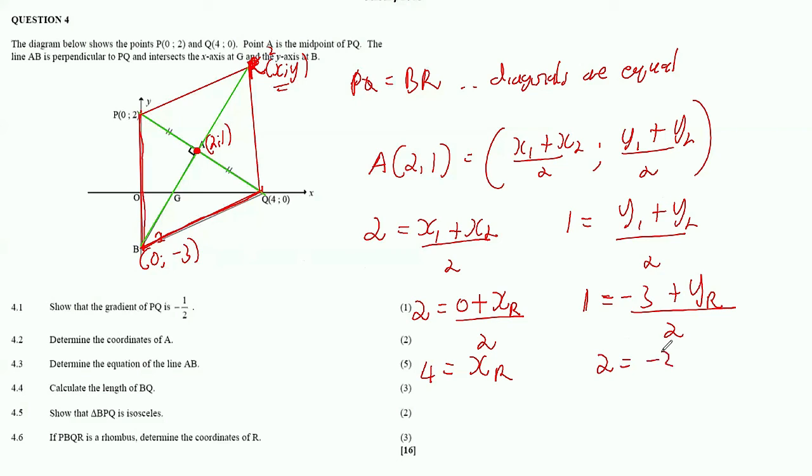And then negative 3 plus YR. Now at this point, I need to take the negative 3 over to the side. So this will give me YR equals positive 5. Now I can see that I've found my x coordinate and my y coordinate. Then writing it in the form of coordinates, the coordinates of R are (4, 5).